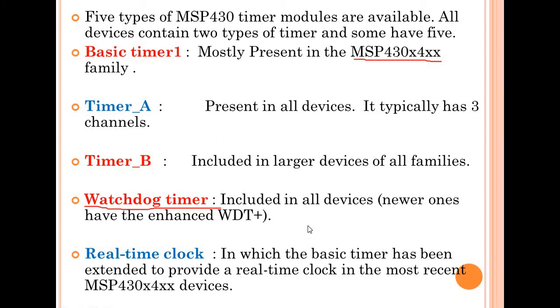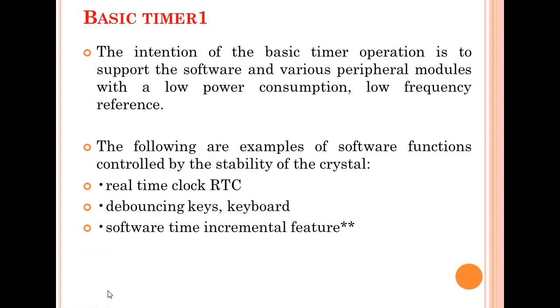Now I am going to discuss basic timer 1. Here, the main intention of the basic timer is to support your software and various peripheral modules with low power consumption and low frequency reference. Here are some of the functions which are controlled by the basic timer.